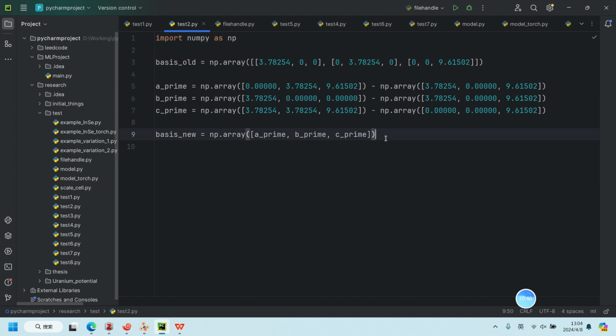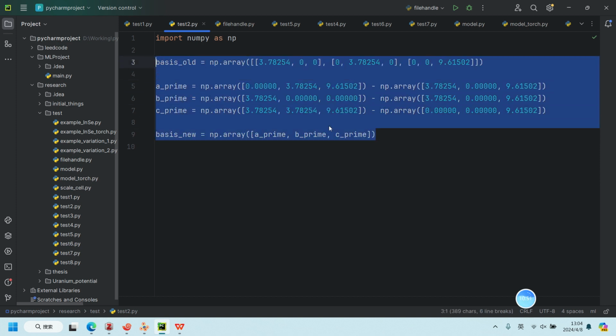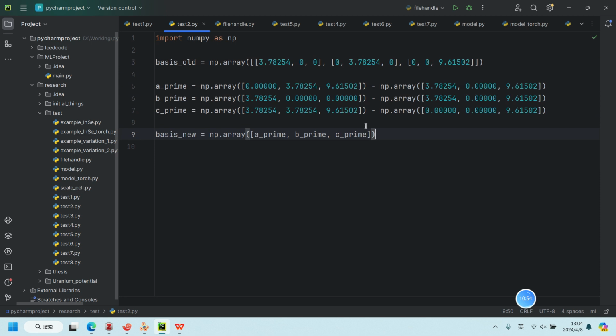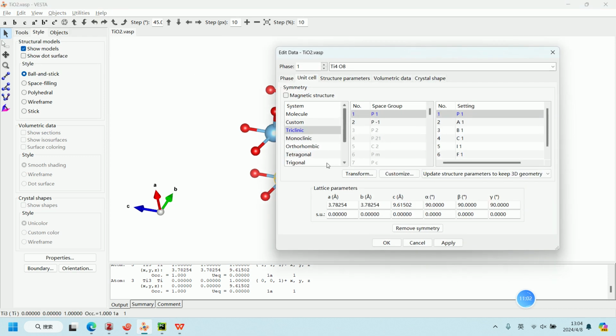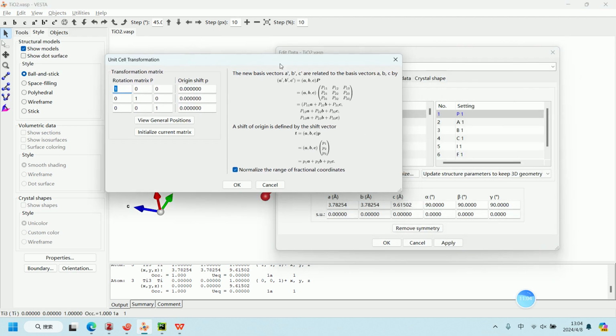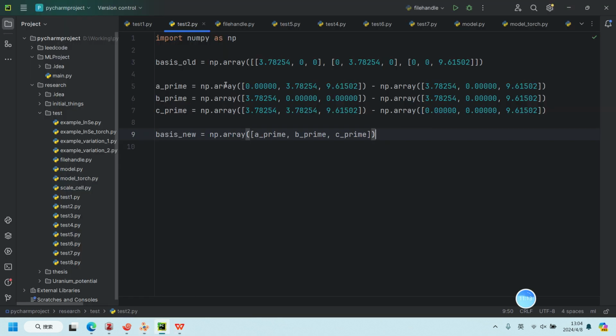And now if you look at our code here, there is some problem. What's the problem? Remember that in the information given in the panel, A prime, B prime, C prime, and A, B, C are all column vectors. However, what we are using now is row vectors. So we need to transpose basis old and basis new to get the true basis old and basis new.